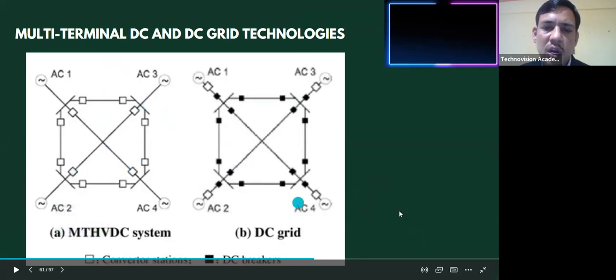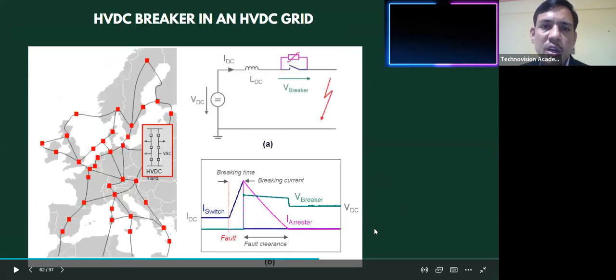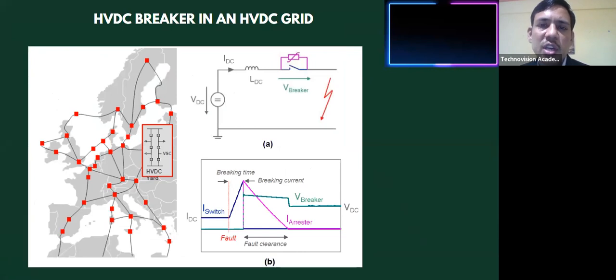So this they have already implemented, but in this implementation there was an issue of interruption of the DC current, because up to 2020 research was going on on how we can break the DC, and in 2020 that was tested and DC breakers are now implemented also.